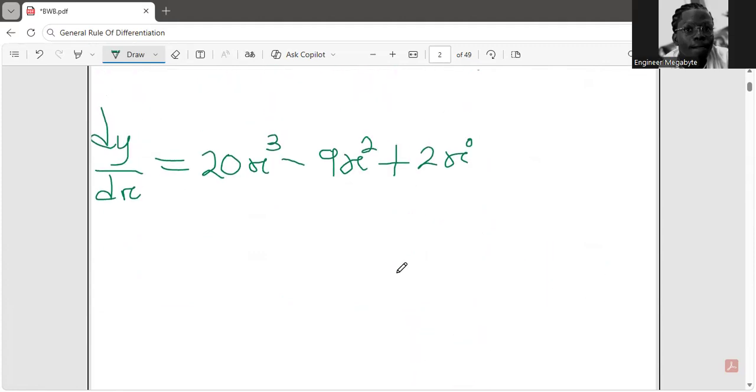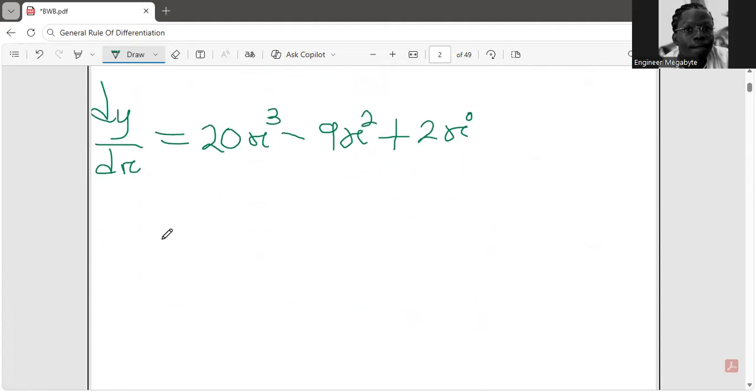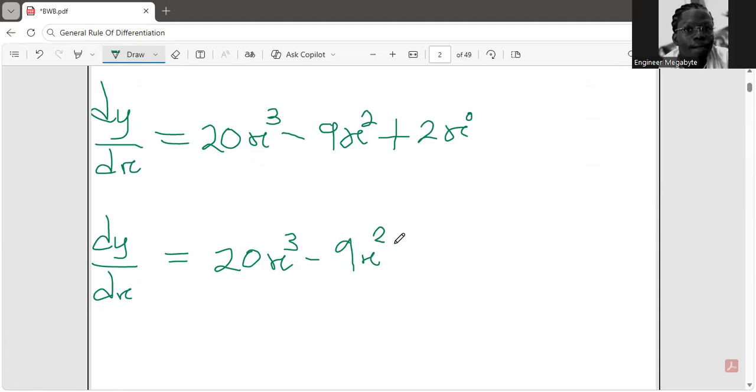So from the same idea, let's transfer the same knowledge here. Our dy dx in this case is going to be equal to 20x exponent 3 minus 9x squared plus 2 into bracket 1.